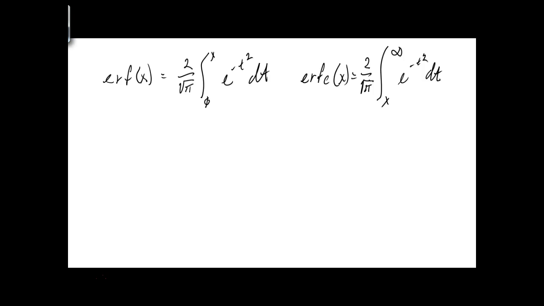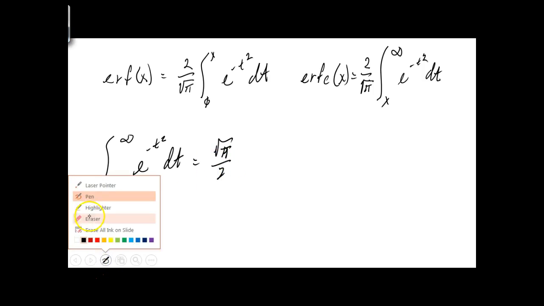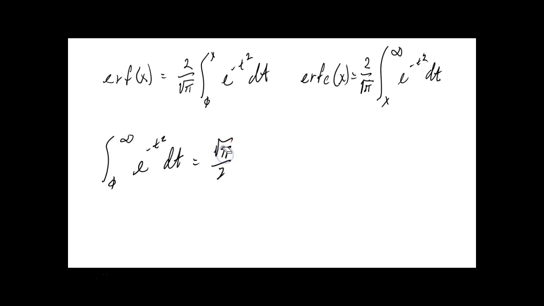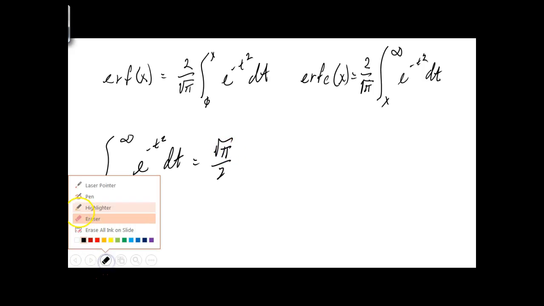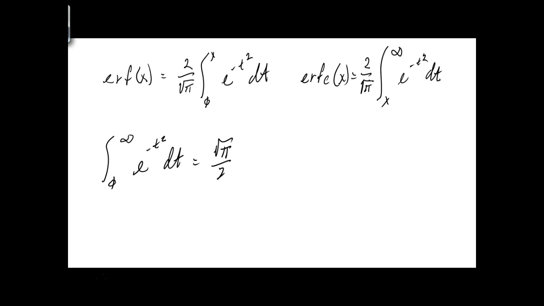It says from the known result that the integral from 0 to infinity of e to the minus t squared dt is equal to the square root of pi over 2, okay? Somehow they think we all know that, but it is true.